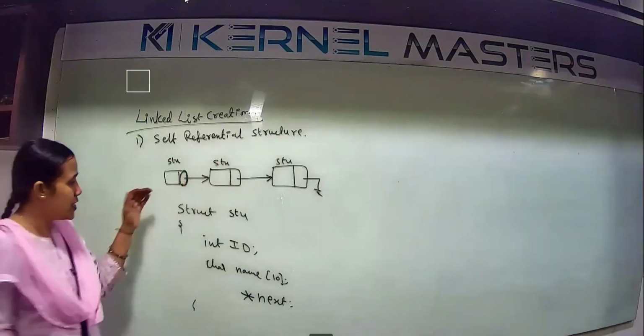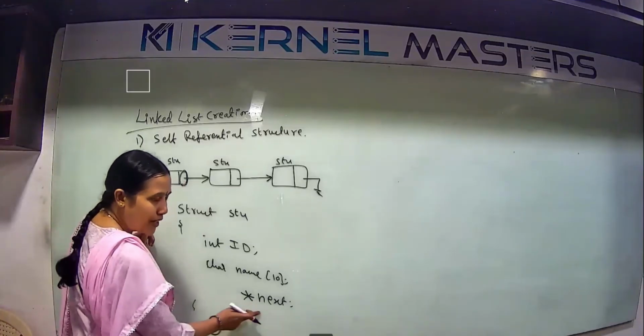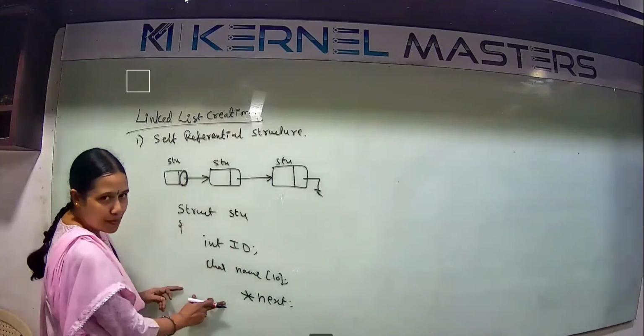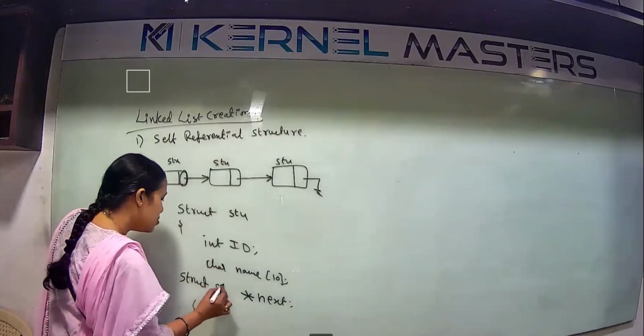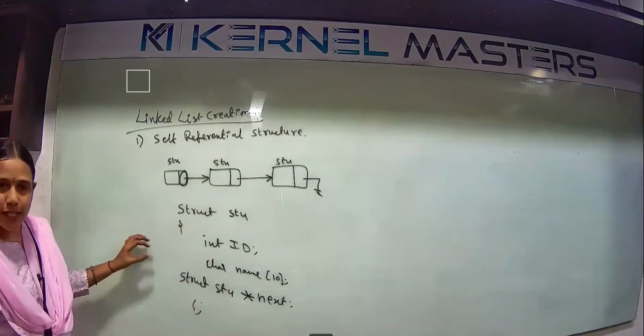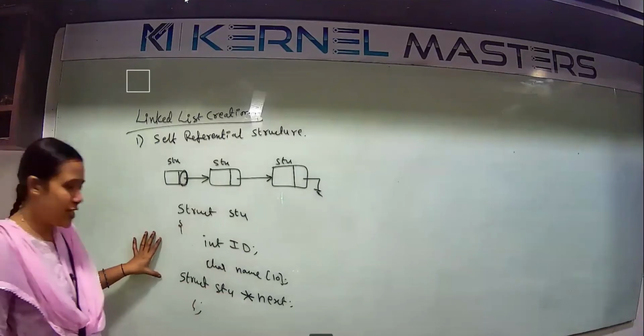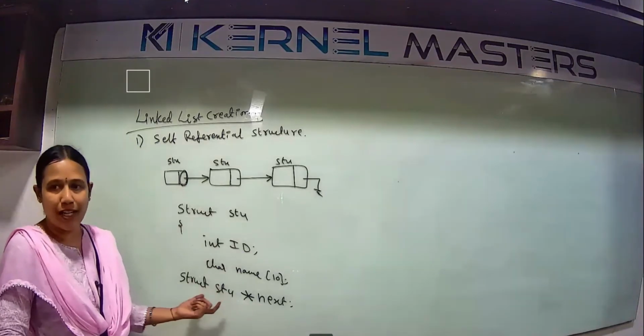Right? So this is already the student structure. Inside that I need to create a pointer of the same student type. So I have to create it like struct student pointer. Okay. So till now, whatever structures we have seen had pointer members with other data types, character pointer, integer pointer.